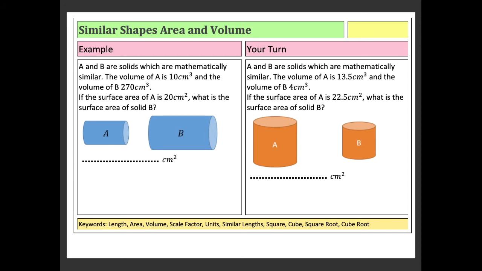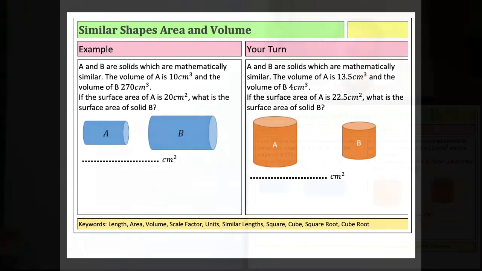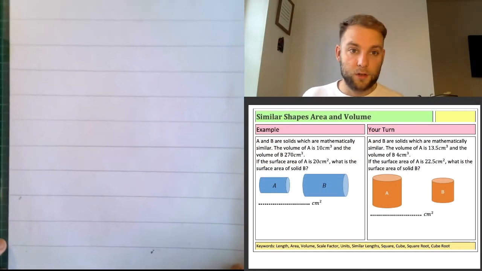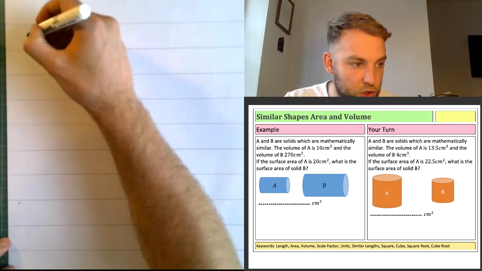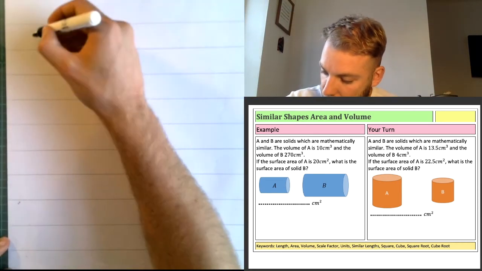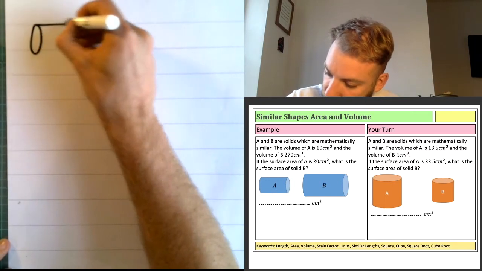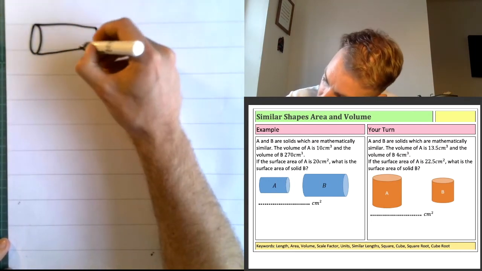So let's have a go at these together then. Here we've got two cylinders. We've got a smaller cylinder on the left. So here's my smaller cylinder, like so.